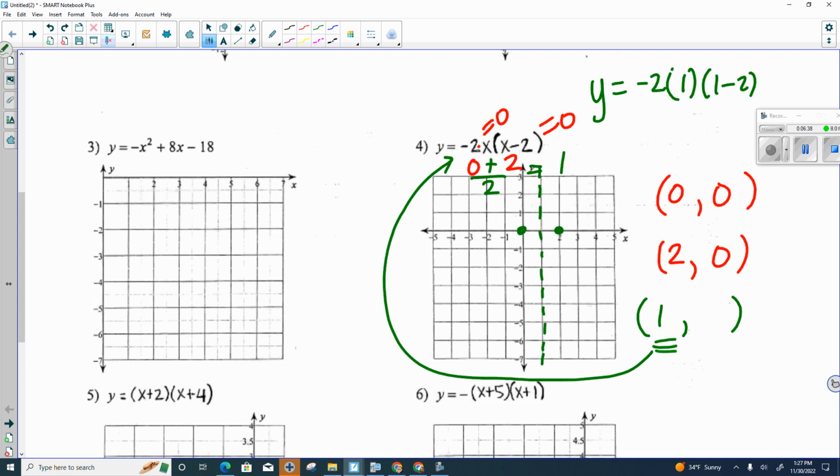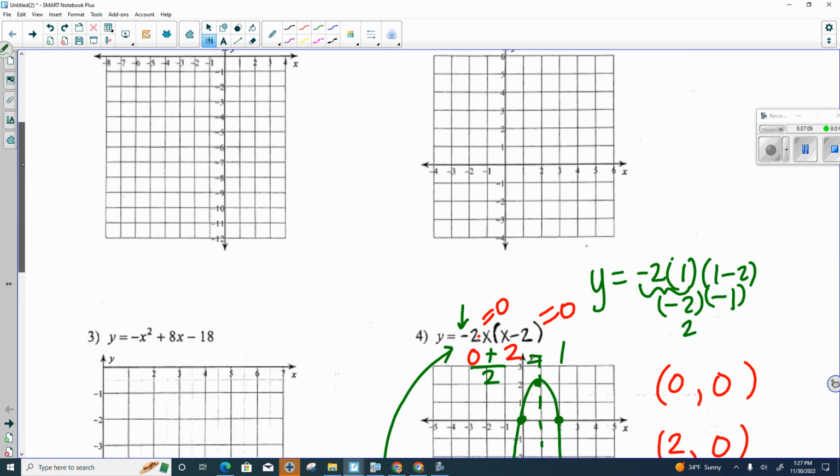So 1 minus 2 is negative 1. Negative 2 times positive 1 is negative 2. So that's my y value for my vertex. Over 1, up 2. Now every once in a while you might panic, like, why is this facing down? Did I do something wrong? No, if your a is a negative, which it is, it'll face down.